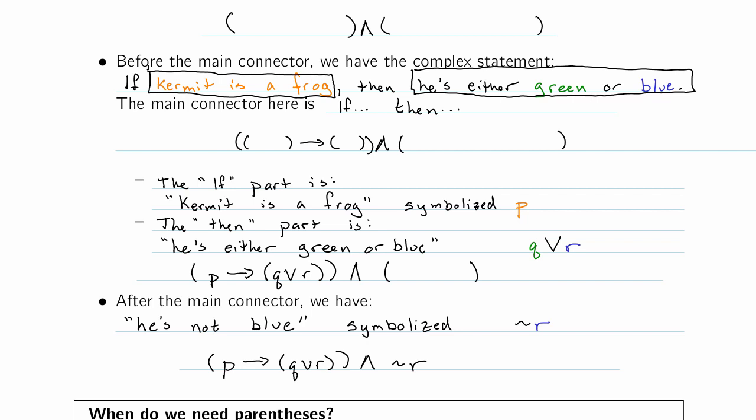Okay, as you can see, we can get to have a lot of parentheses to keep track of in these really big, long, complicated statements. When do we need parentheses and when can we leave them out? In algebra, order of operations tells us when we can leave parentheses out. In logic, the order of operations is really simple. Not comes first, and everything else comes after. If you have anything other than not, you need parentheses around it.